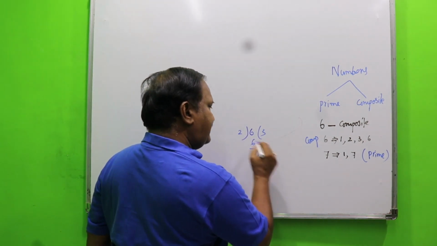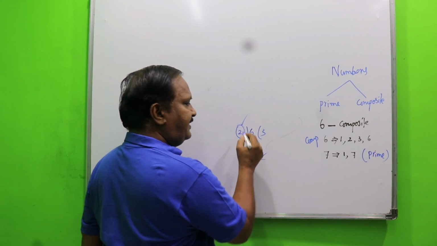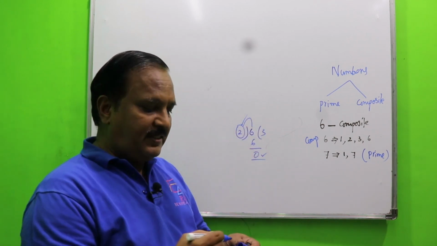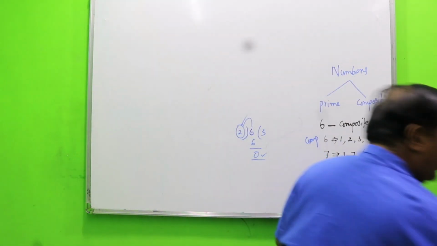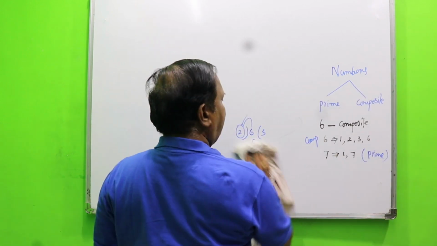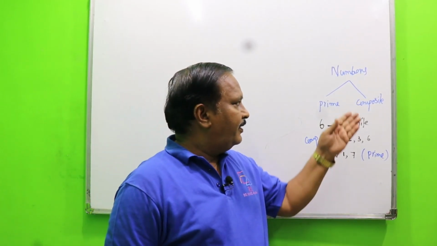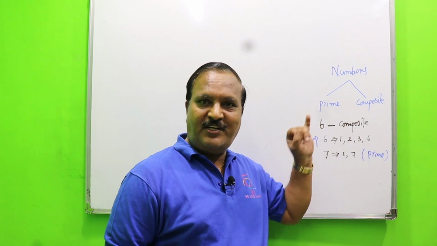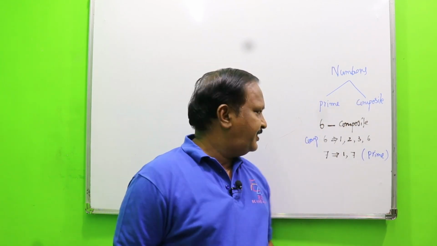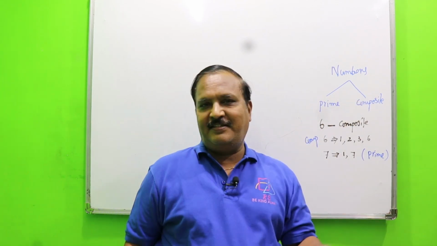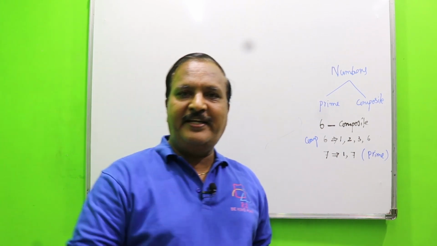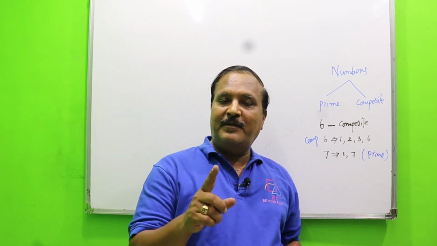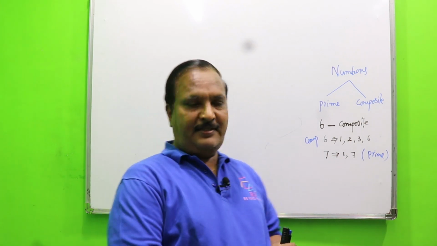If the remainder is 0, then we call 2 a factor of 6. You must have learned this in lower classes. So you should understand what is a prime number, what is a composite number, what is a factor, and so on. Then only you can easily understand the fundamental theorem of arithmetic.